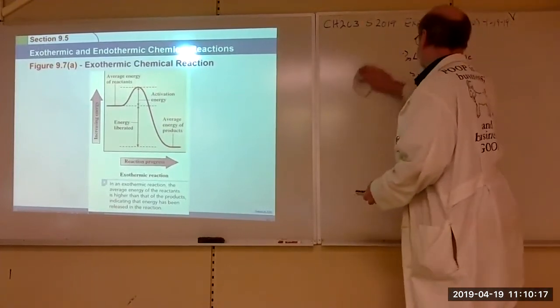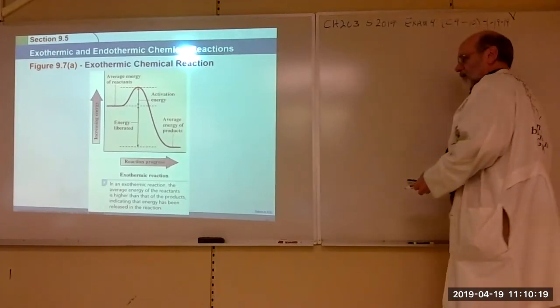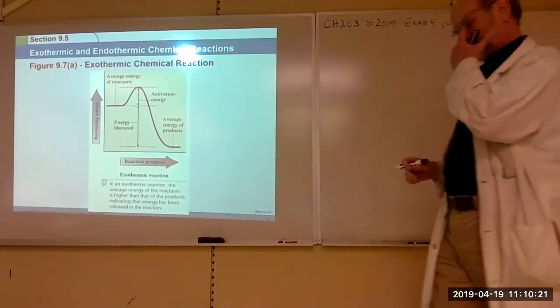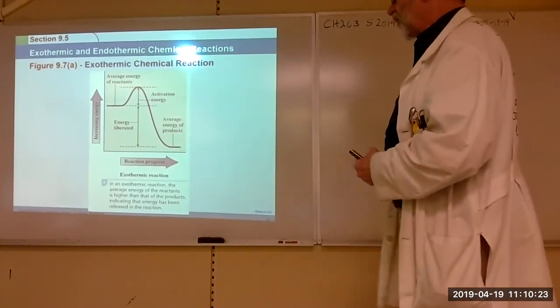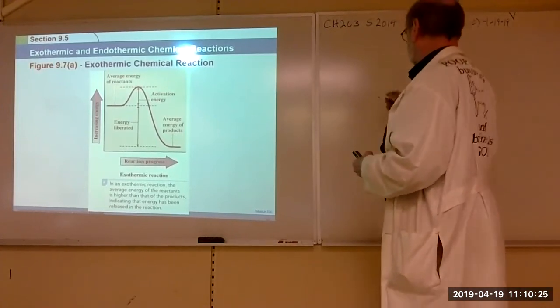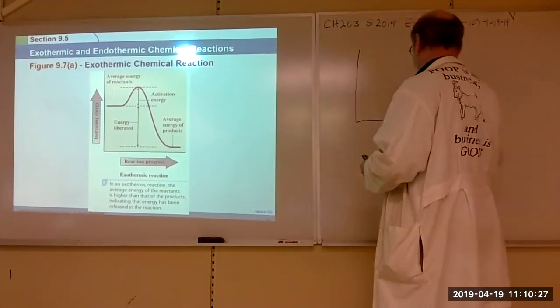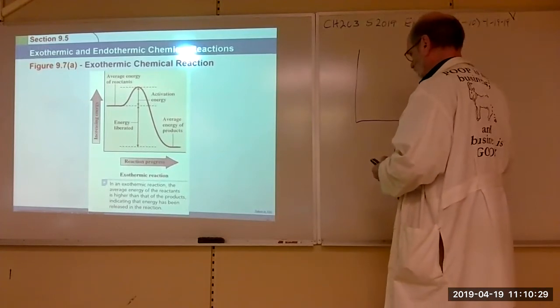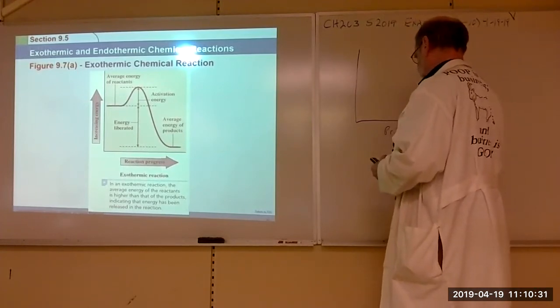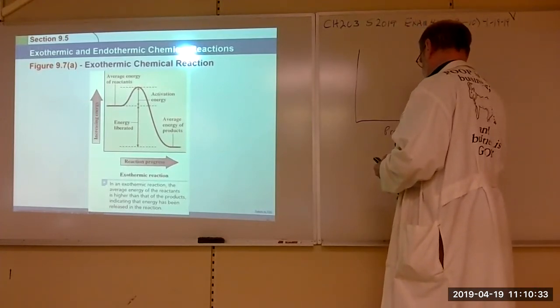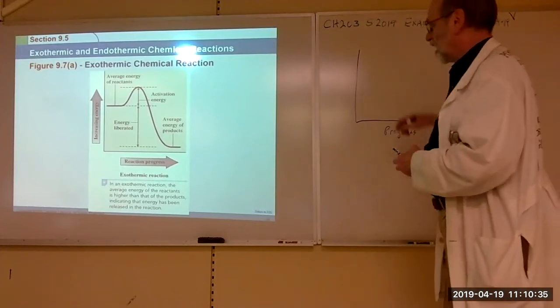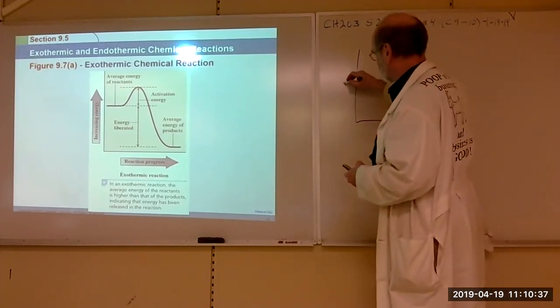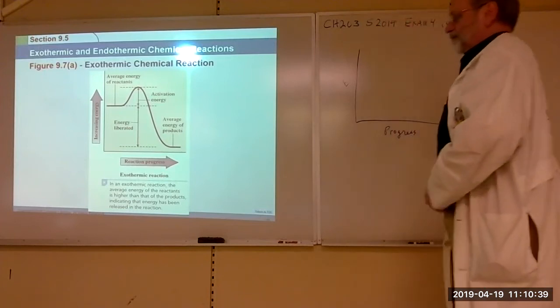Okay, so what does that look like on a graph? If we graph the progress of the reaction on the x-axis, it starts here, ends over here. And this is energy, or the heat, either one.